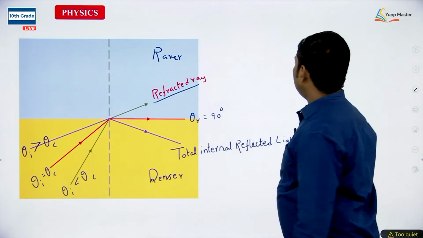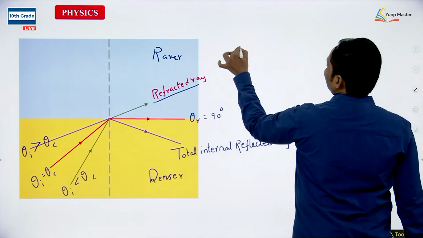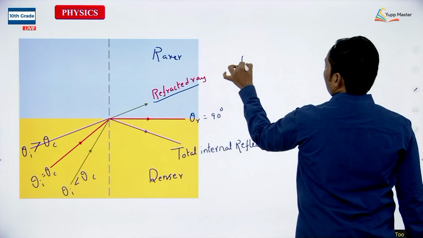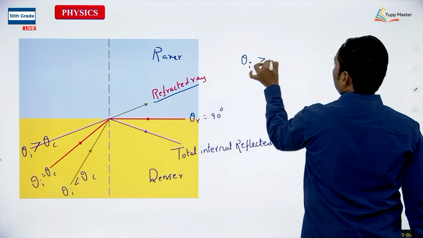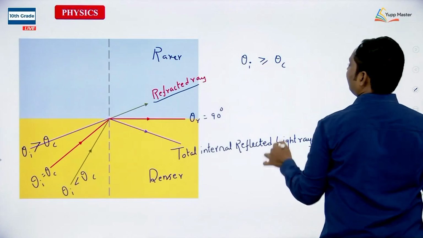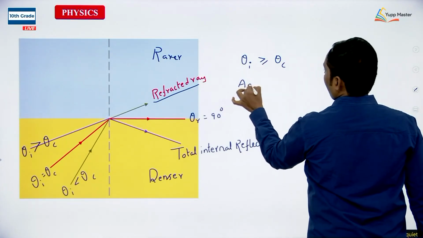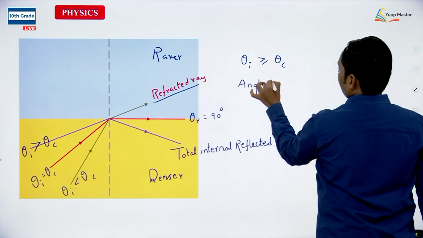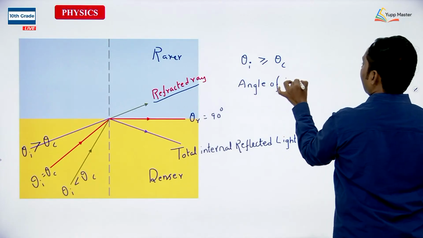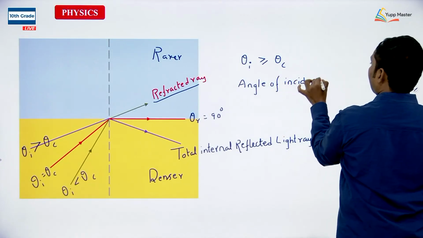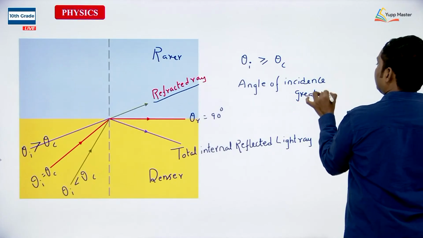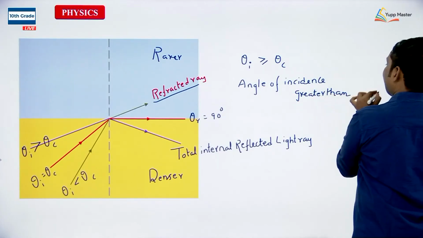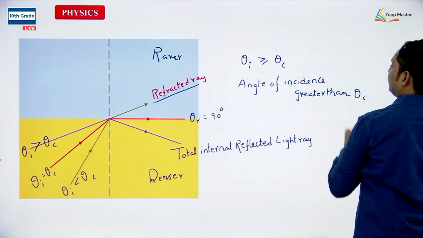All right. So, they are going to ask that the angle of incidence is greater than or equal to the critical angle, that is, theta I greater than or equal to theta c.